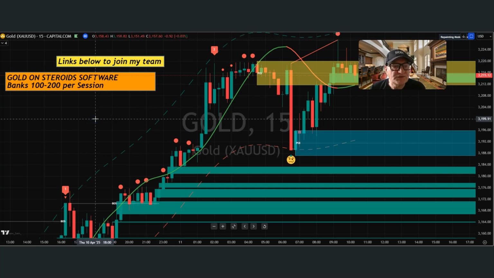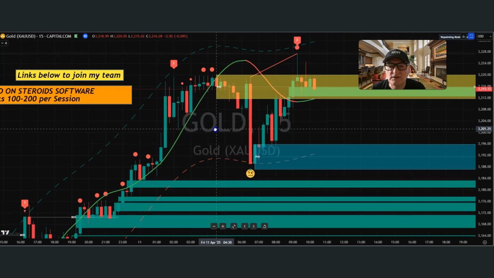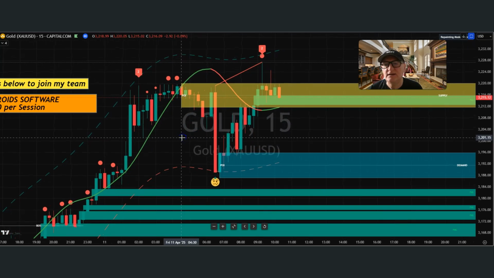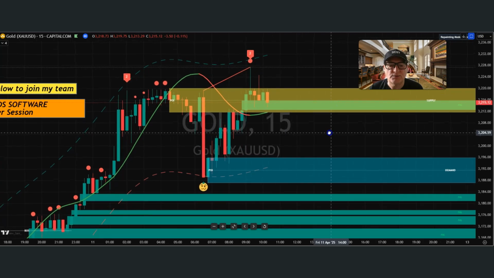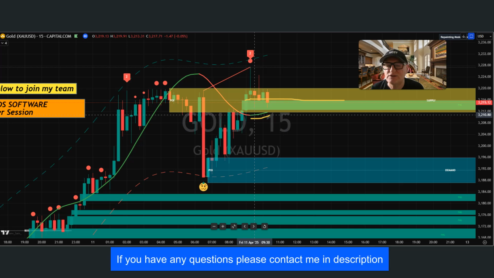So the gold on steroids software generates this information for you live in the market, so there's nothing for you to do. Now, if we have a look at this situation here, we can see that the price has moved up, and now we have a buy confirmation by the price is above the 50 moving average, so it's more of a buy than a sell, and it's moved into this area here, which we're interested in, which is automatically given to special settings, by the way.